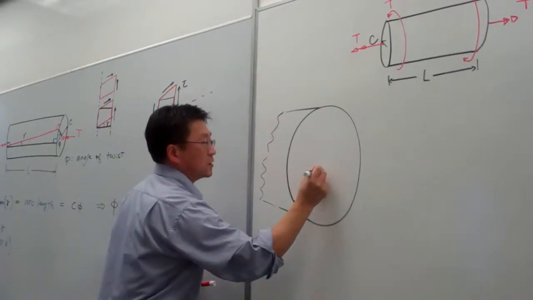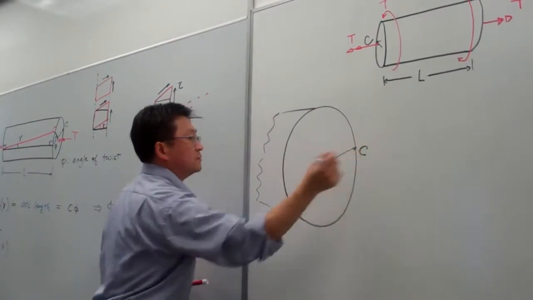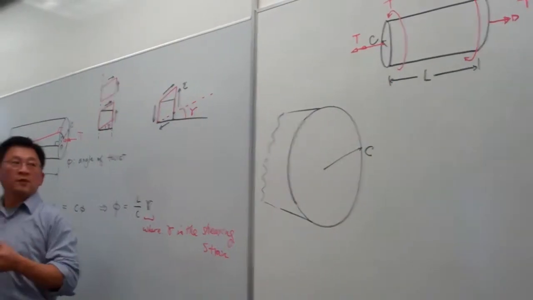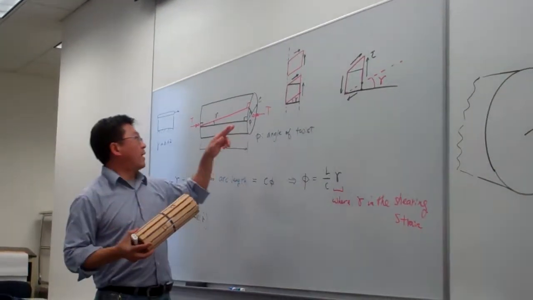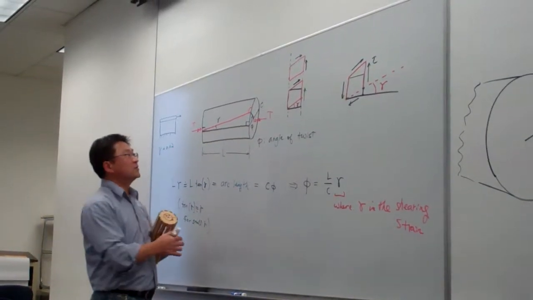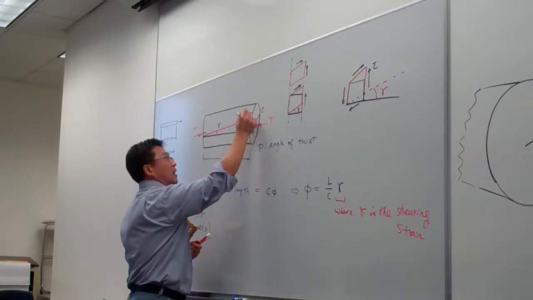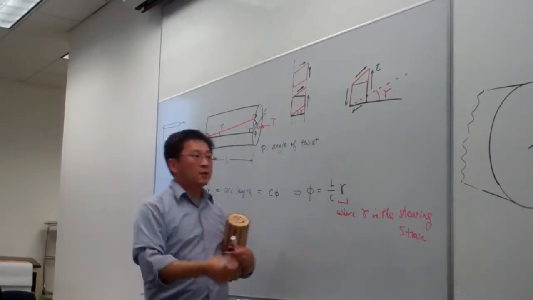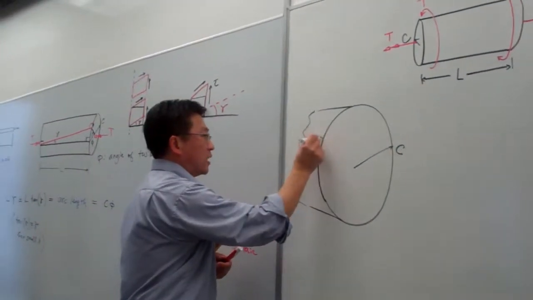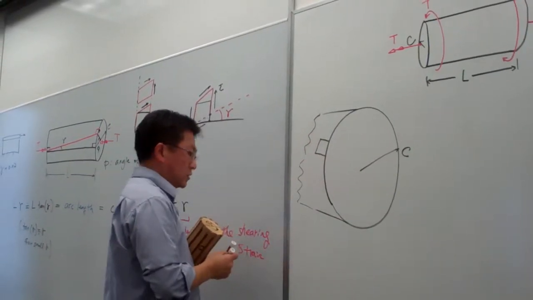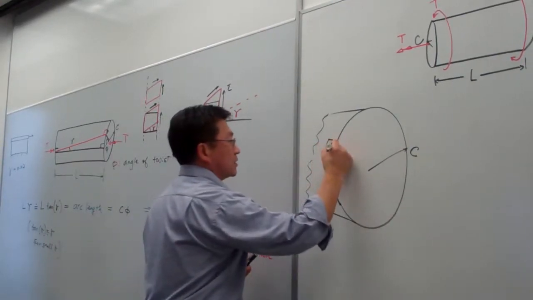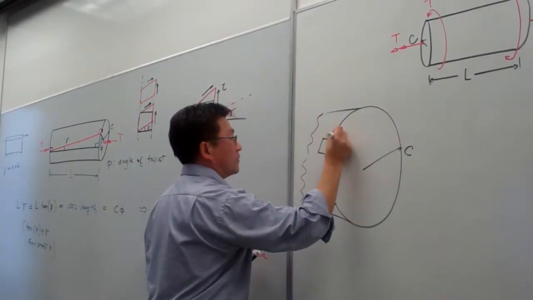So this is the radius C. And now, following these configurations, we learned that the tau is in this direction. Here it is so small, let me enlarge it here. So this is our cube, which means the shear stress is basically this tau.